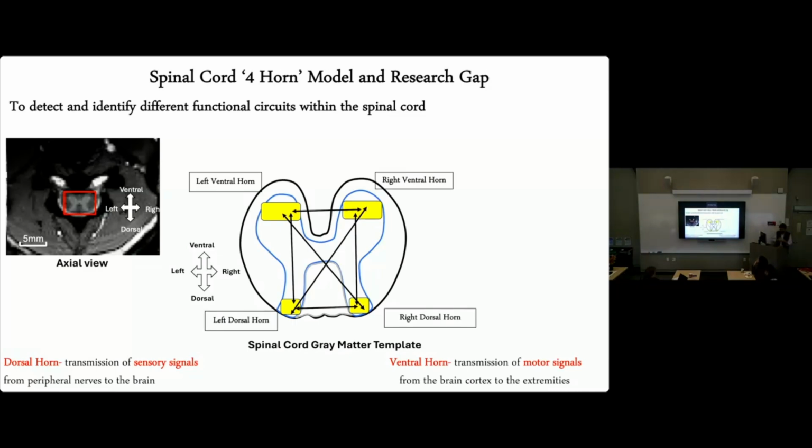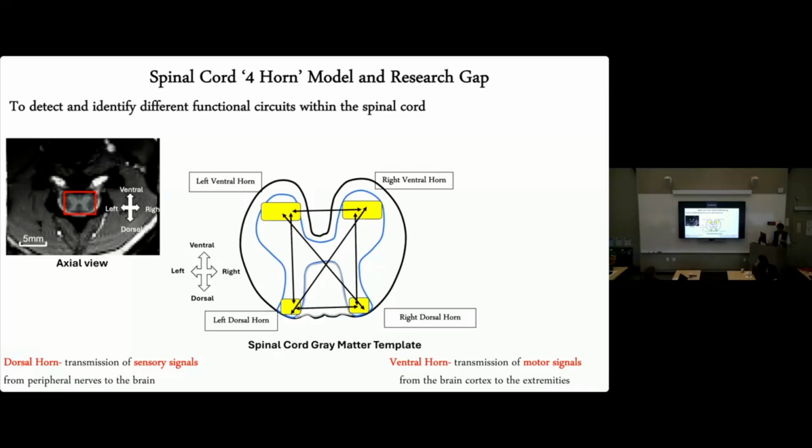So this was the first study I got involved in, in which we tried to look into the functional networks in the spinal cord. Traditionally, until the last decade also, the major focus was on the horns, the dorsal and the ventral horns, which are known to be the regions through which sensory and motor information transmission happens between the brain and the peripheral part of the body.